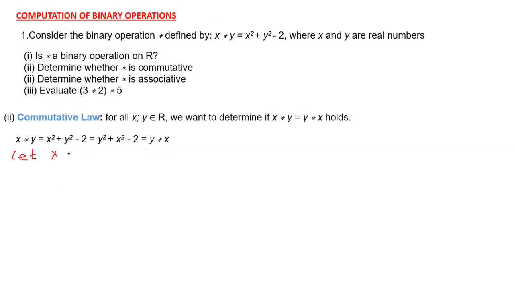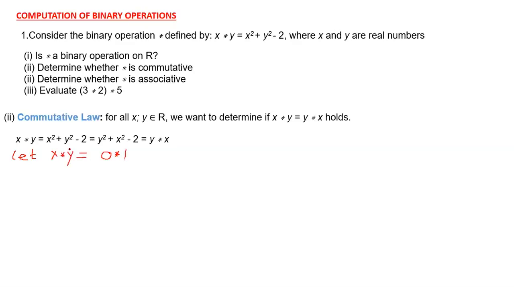x star y be equal to 0 star. You just pick two smallest possible numbers that will not give you hell when solving. Myself, I like getting -1, 0, and 1. So let x star y be equal to 0 star 1.